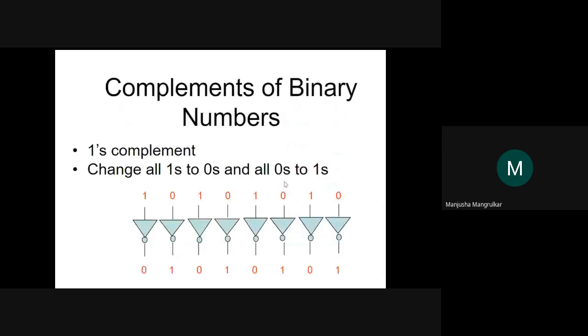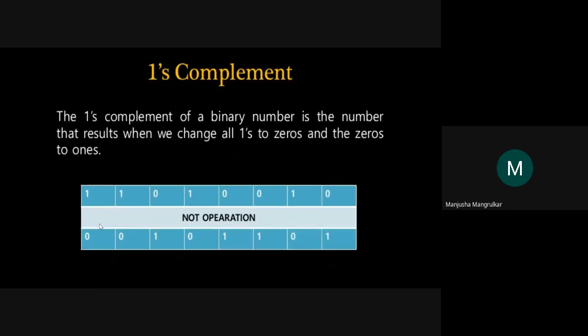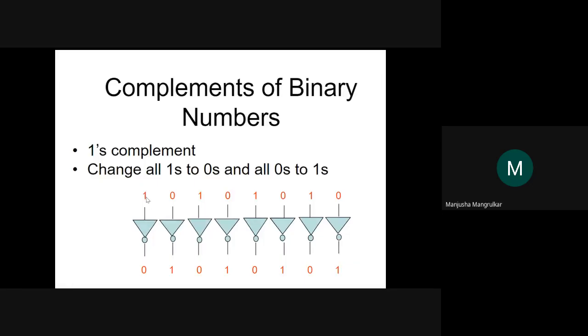Now the complements. The complements of a binary number. One's complement. One's complement changes all your 1s to 0 and all your 0s to 1s. Now see here, this is 1 to 0, this is 0 to 1.